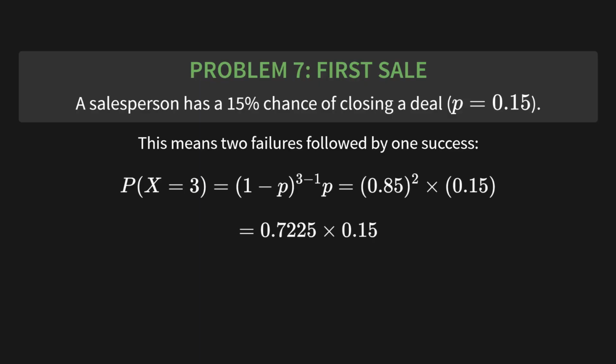P of x equals 3 is (1 minus p) to the power of 3 minus 1 times p. That's 0.85 squared times 0.15, which is 0.7225 times 0.15, giving us 10.84%. So there's about an 11% chance their first win is on call number 3.